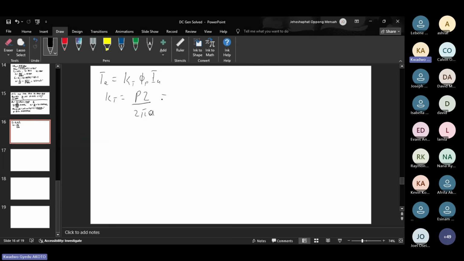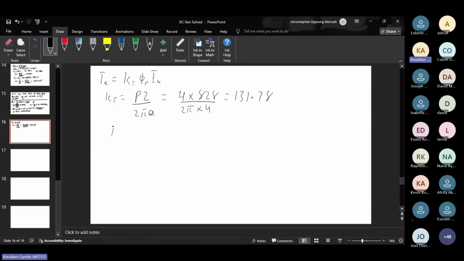So we have essentially, let me write it in full for now, 4 times Z 828 out of 2 pi times 4. So our K_T constant here is going to be 131.78, right?